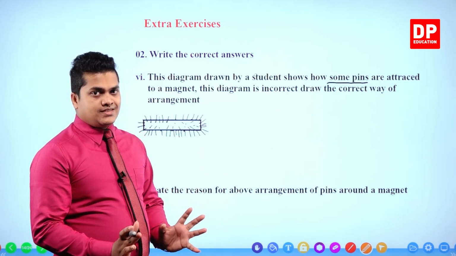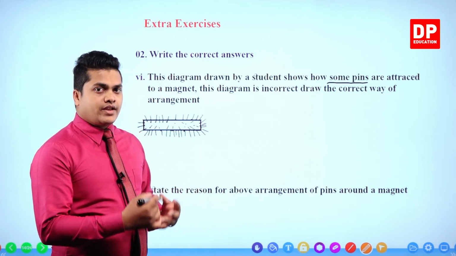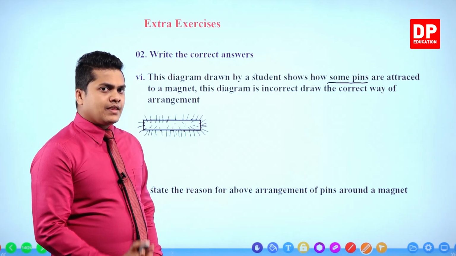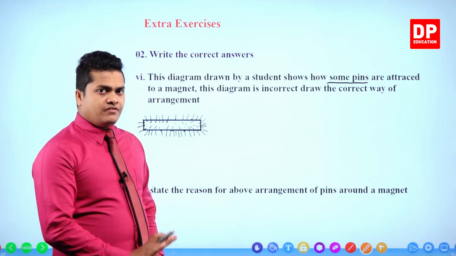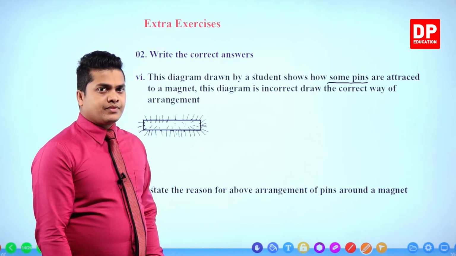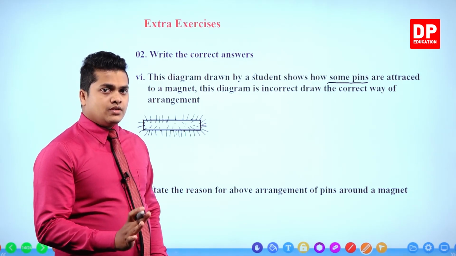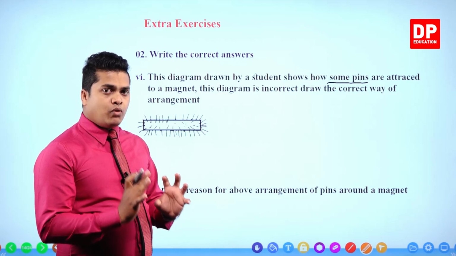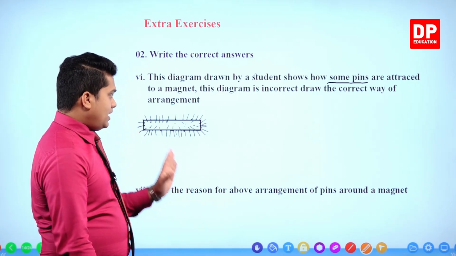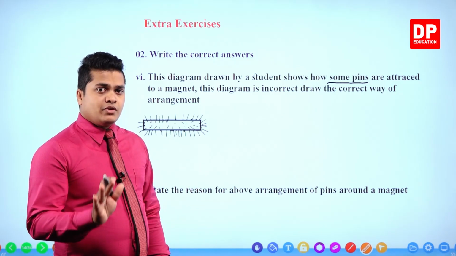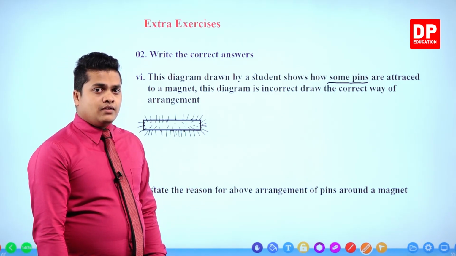But the question says that this diagram is incorrect. Yes, it is incorrect, because this is not the way materials get attracted to a magnet. Most of the material should be attracted towards the poles of a magnet, not like this. Here, the pins are evenly distributed all around the magnet.